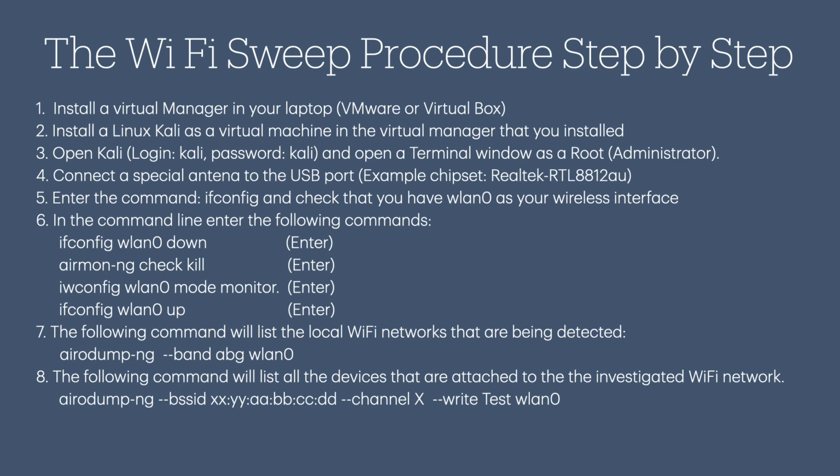And wlan0 is our wireless interface, made by the connection of the special antenna. So as I said, we have inserted the MAC address of our network after the BSSID, and also put the channel number instead of the X.